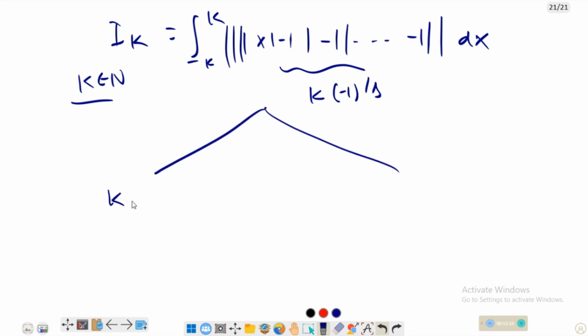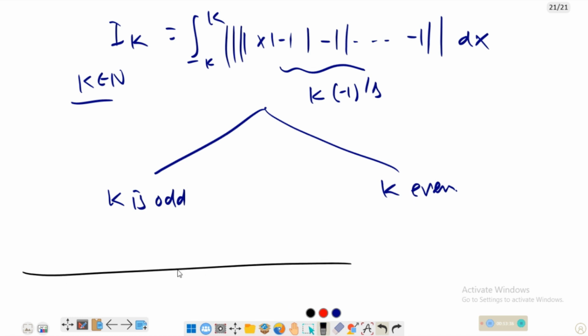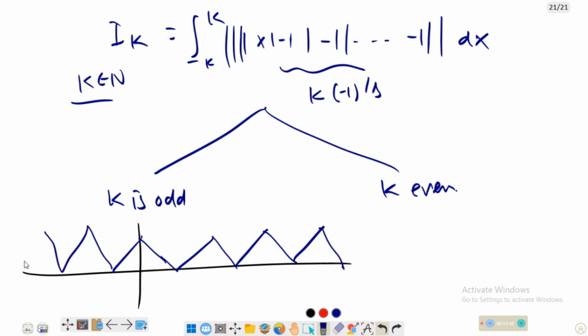If k is odd, if k is even. If k is odd, there is one triangle on the y-axis and other triangles like that, and so on.